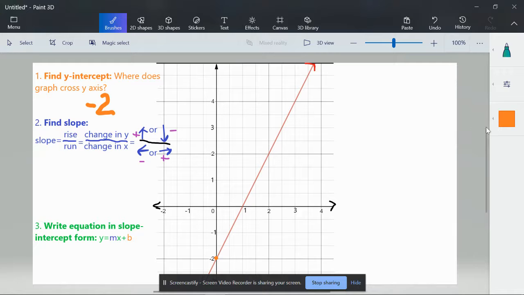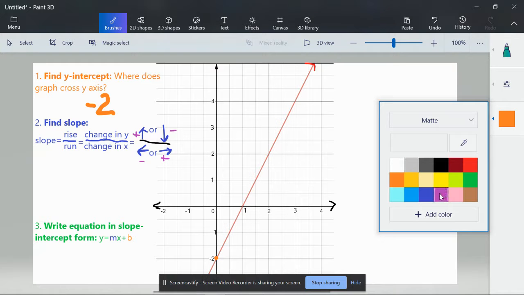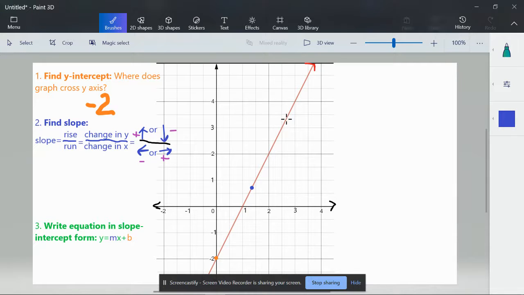To break that down a little bit more, the first thing I usually do to find slope is pick 2 points that have whole number coordinates. I could use this point, but its x coordinate is 1 point something and its y coordinate is just point something.